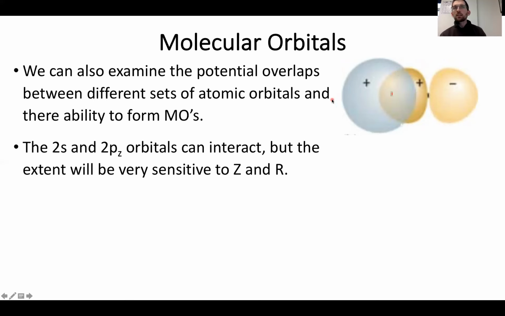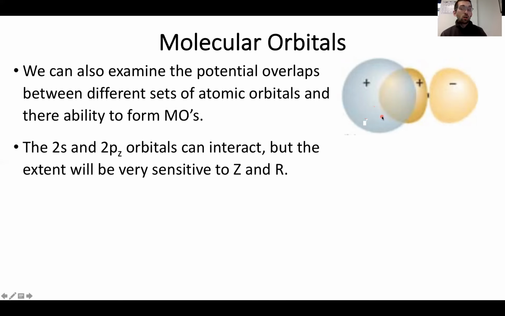Because if these guys get sufficiently spread out, this S is spending a lot of time up and a lot of time down, and same thing in the direction in and out of the board. So when we do this, the overlap isn't going to be nearly as good as with something that has a similar shape. So if I've got systems that are fairly far apart, the S is going to definitely overlap much better with something that's as diffuse as it is.